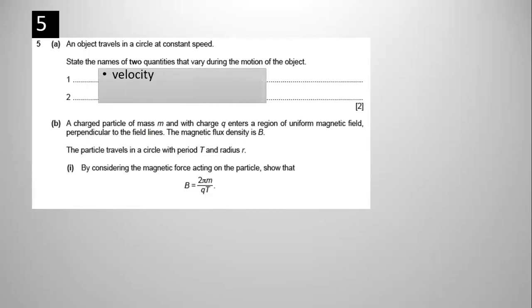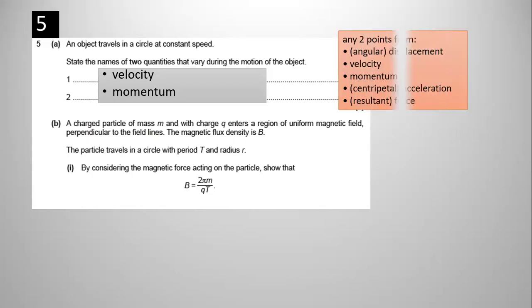Velocity and acceleration change direction. Momentum, velocity changes, so momentum changes as well. Or any of these alternatives: centripetal acceleration, resultant force, which changes direction. Angular displacement, right? Remember angular displacement is a vector quantity.